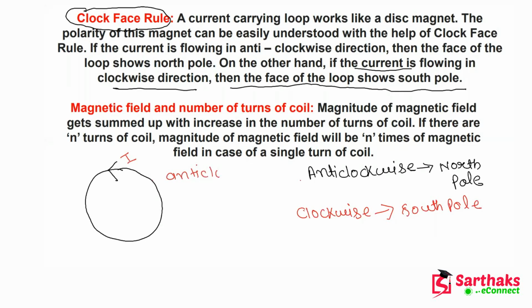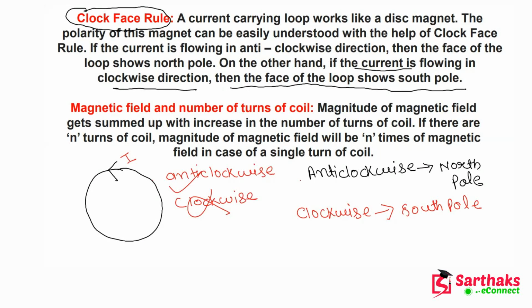I told you in the previous lecture how to find out the anti-clockwise or clockwise direction, and I had also told you the trick. I hope you all know the answer. Basically, this is the anti-clockwise direction. This is not clockwise.